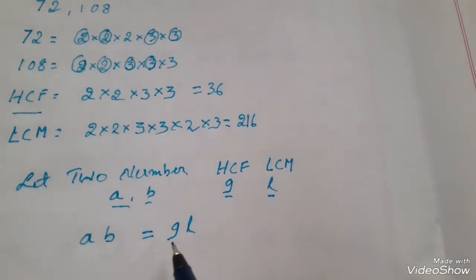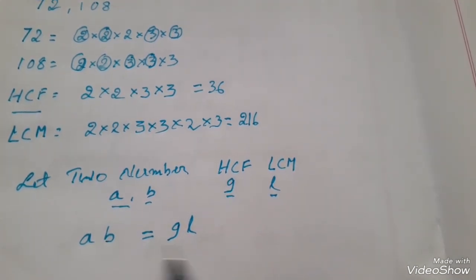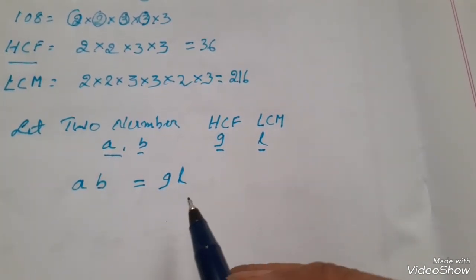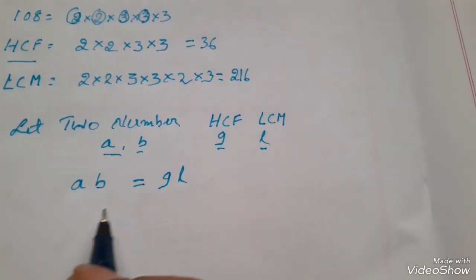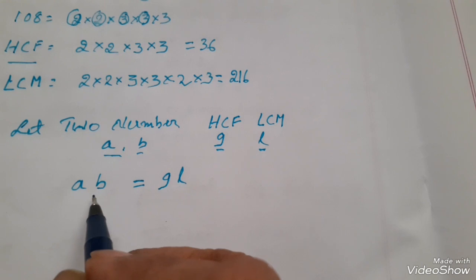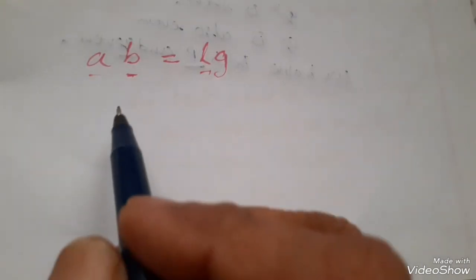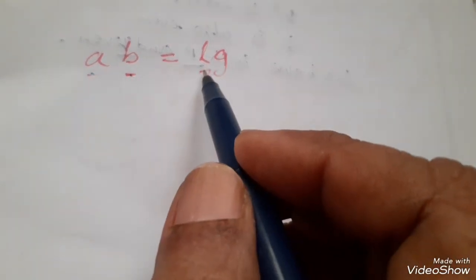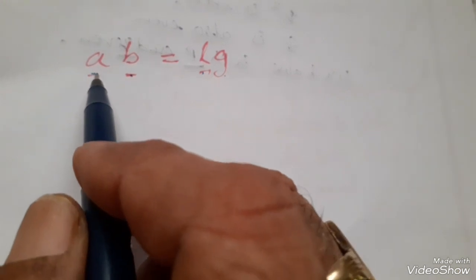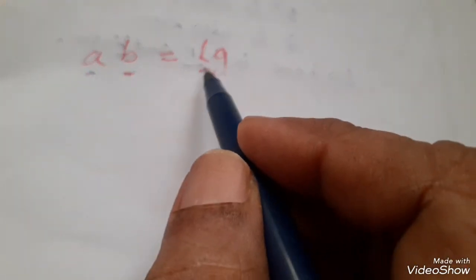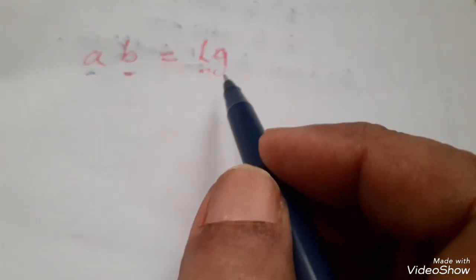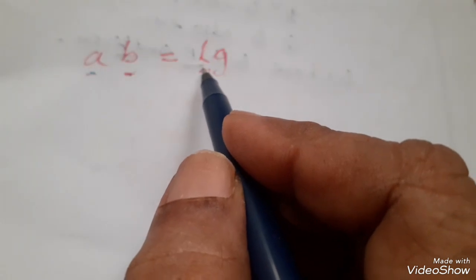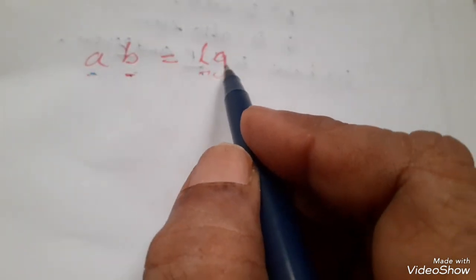So AB equals GL. The product of any two numbers is equal to the product of their HCF and LCM.